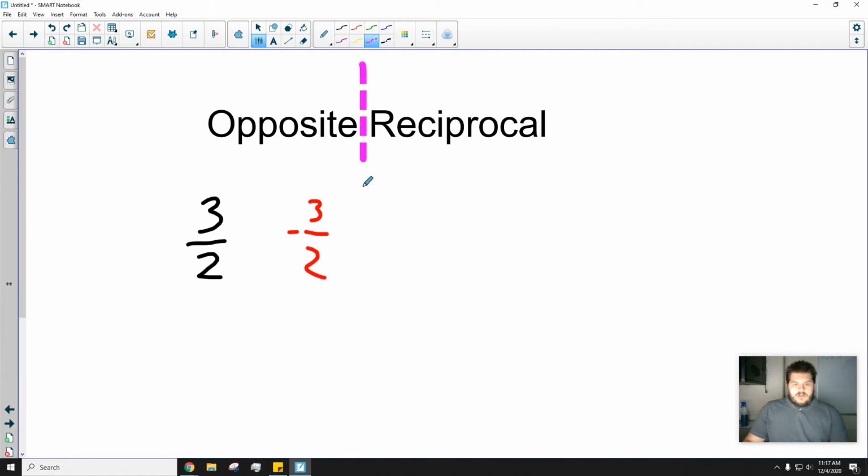Which again, this is two parts. We have opposite and we have reciprocal. Now for the reciprocal side, let's just use 3/2 again. Reciprocal is a bit more complicated to explain, but the basics of it are the numerator and the denominator swap.